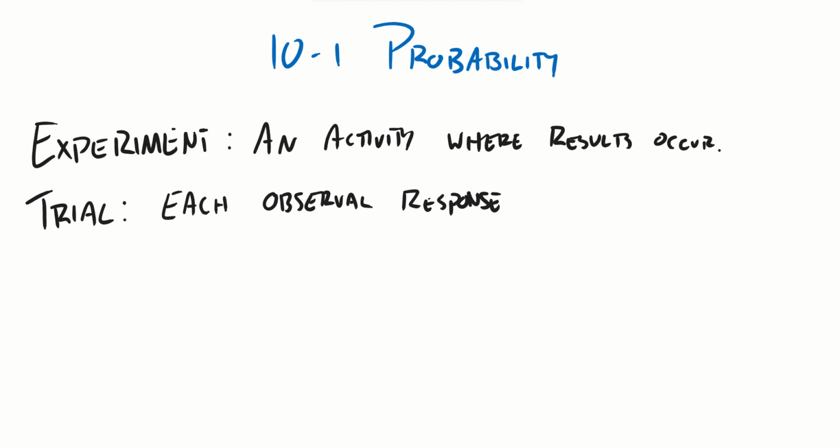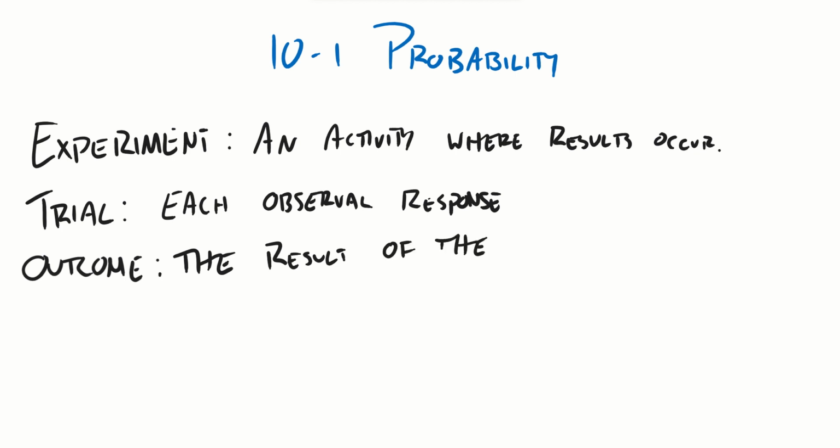And the result, what actually happens, is called the outcome. That is the result of the experiment. So when we've done something and something has happened, we see the outcome of that thing happening.